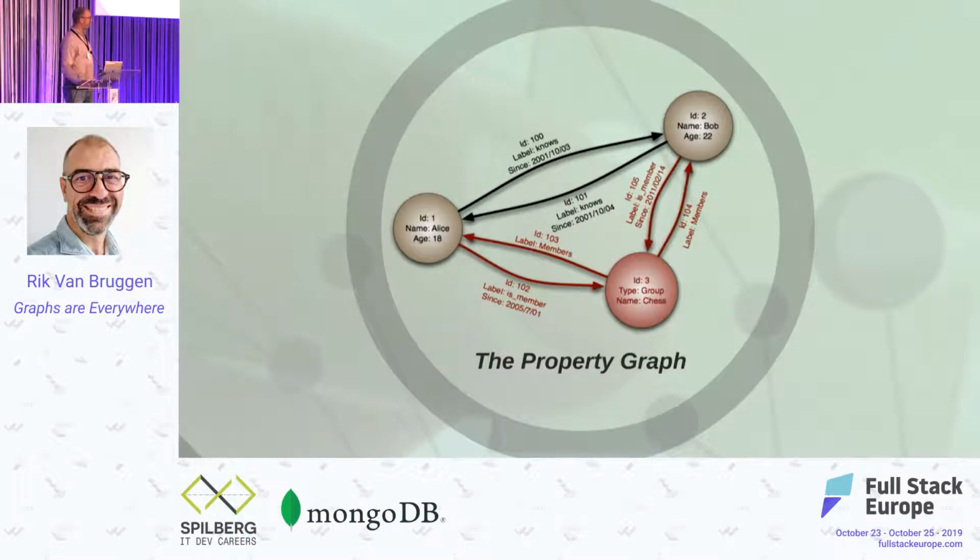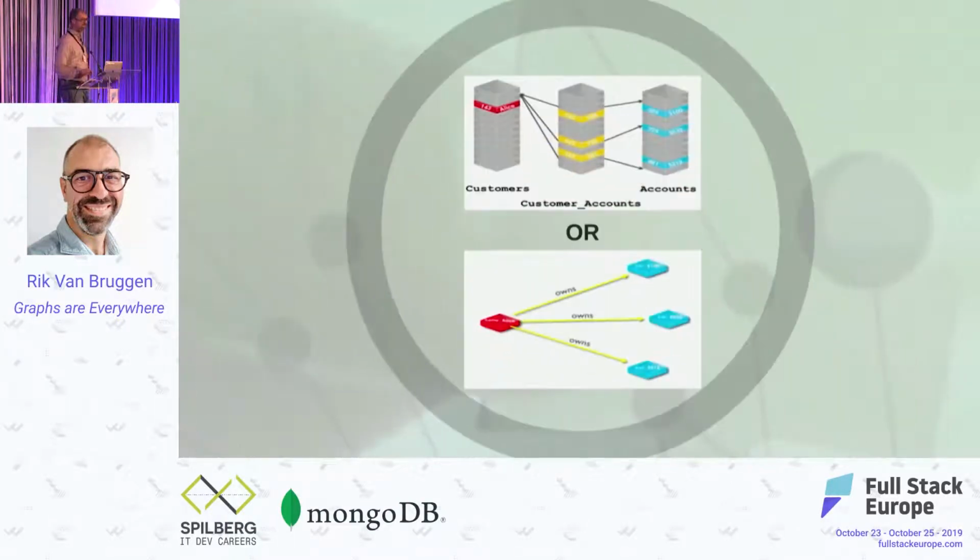So that's the first big part of why graph databases matter. This model, the labeled property graph, is a very, very significant part of why complex domains can be modeled so much more efficiently. The join tables are gone. You don't see them anymore.